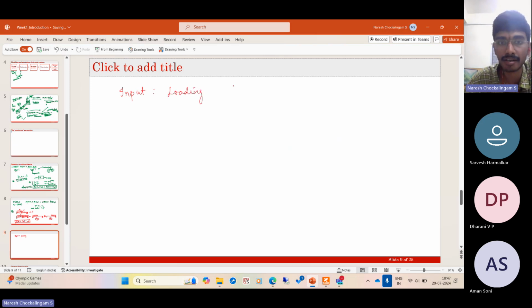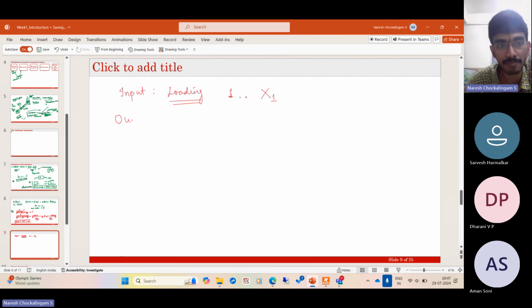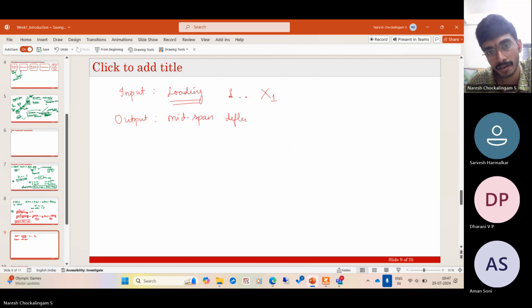And that loading is not really a scalar. You can think of it as a vector. If you look at every point of the beam, we have a small, infinitesimal loading. And that entire configuration you can call x1. This loading is x1, this loading is x2, and the output is midspan deflection. So the output is a scalar, a real number.